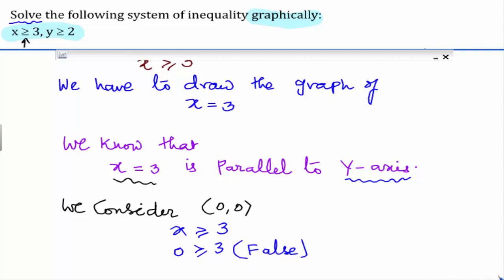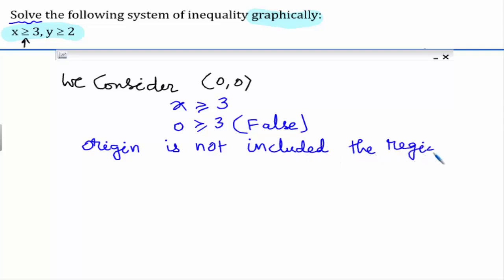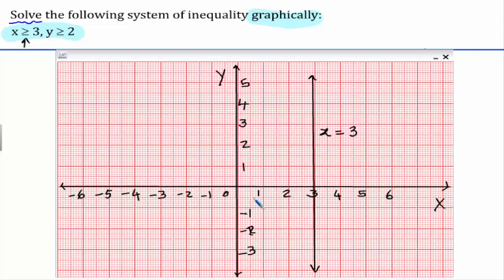So that means the point origin is not included in the region. So that means we have to select the region which is opposite to the origin. It will be towards this.